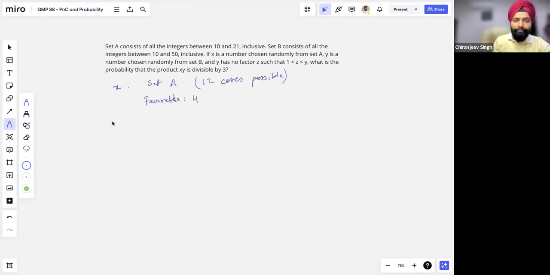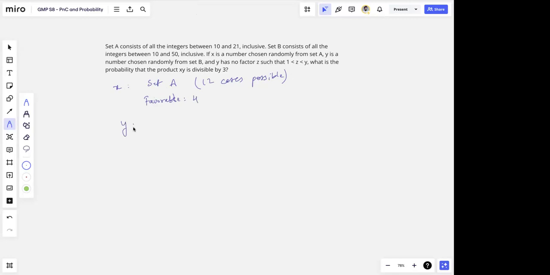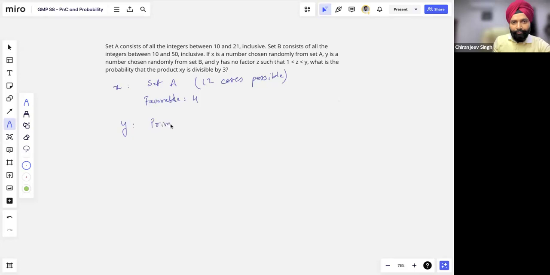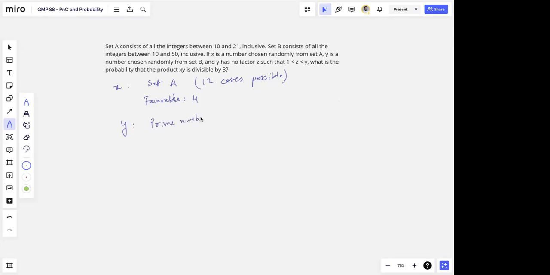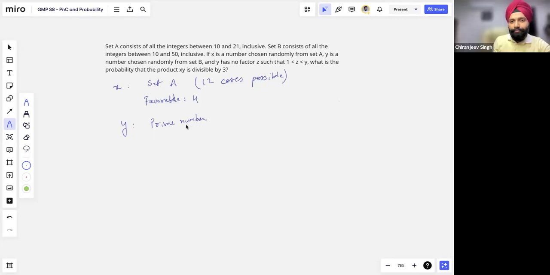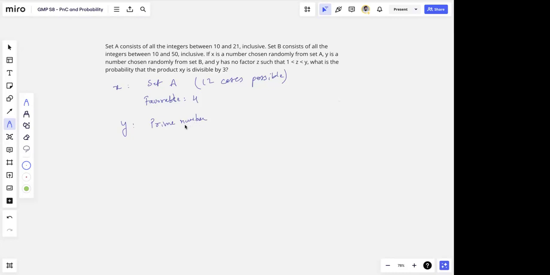And it says that Y is a number chosen randomly from set B and Y has no factor. So it basically says that Y is a prime number. Right. So it's again 11 by 41.